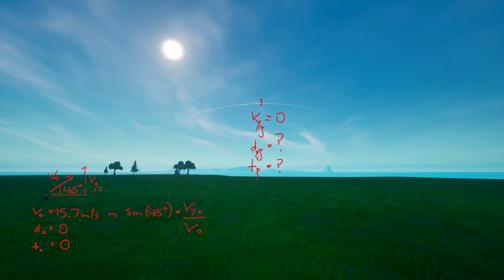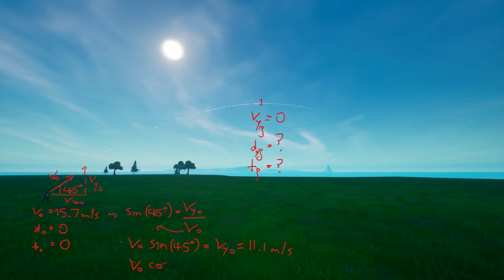We can then rearrange that equation by moving v0 over to the other side, so we'll end up with v0 times sine of a 45-degree angle equals vy0. We know v0, we know sine 45, we can solve for the vertical velocity. And that'll turn out to be 11.1 meters per second. Plug it into any calculator. Just make sure you use degrees instead of radians. Don't forget.